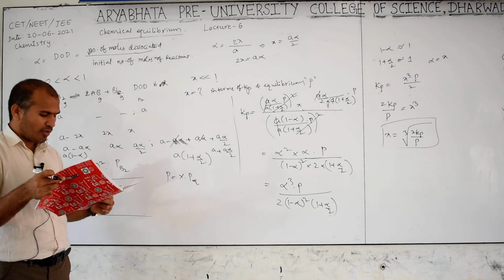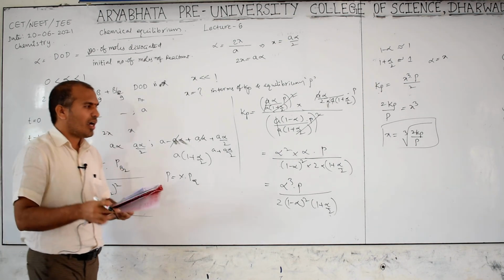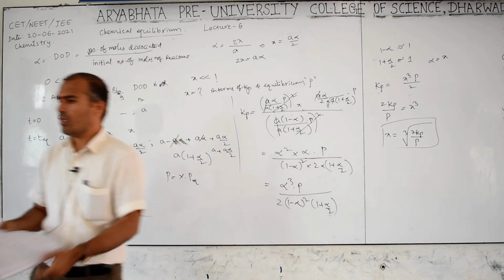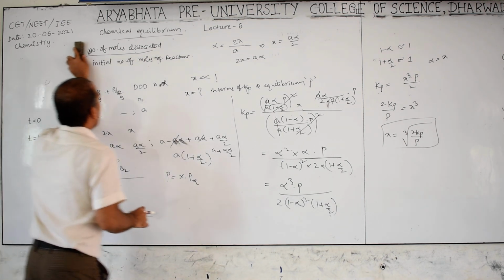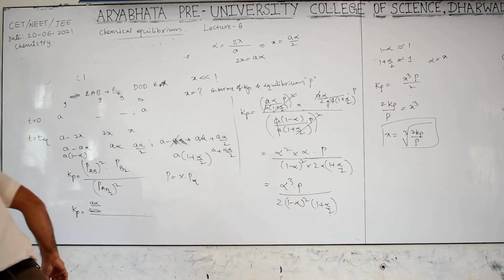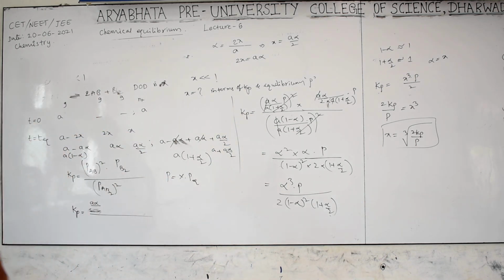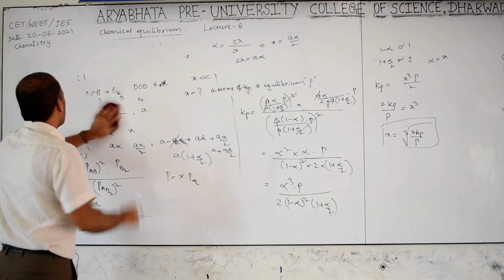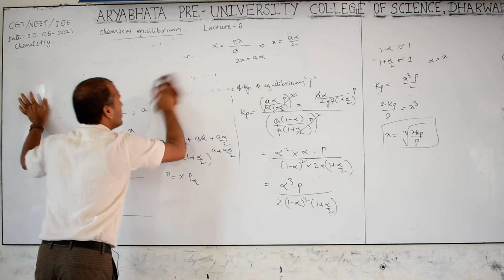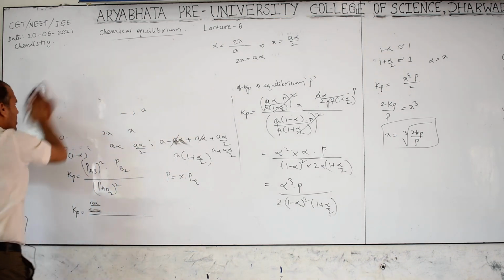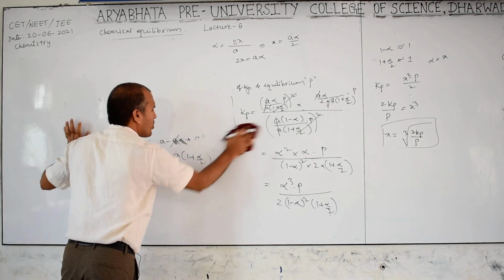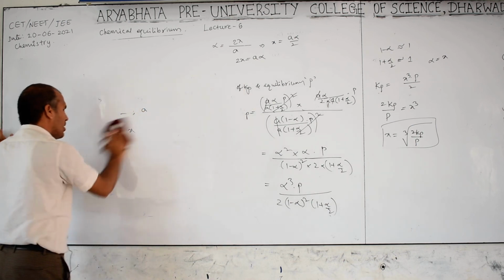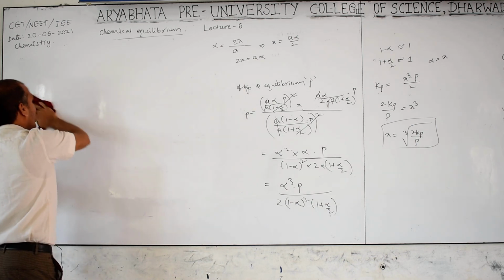So this is how to calculate alpha-related problems. Another one is the Le-Chatelier principle. The Le-Chatelier principle part is very important, so according to it many questions will be asked. Now, in any given equation, initially reactant converts into product, then after some time the products convert into reactant and reach an equilibrium position.